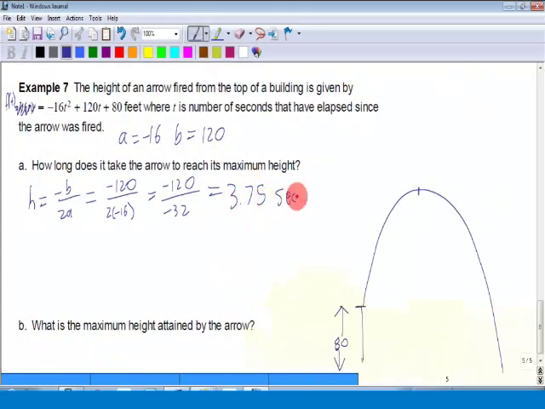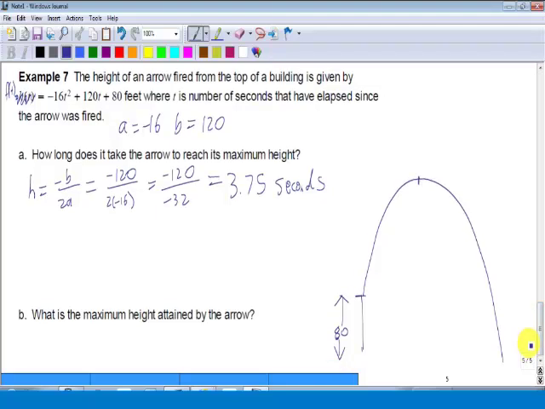And it's seconds. The numbers in the domain of this function are seconds. Click a stopwatch as soon as the arrow is fired, and it's the number of seconds that elapse from that point in time. So 3.75 seconds into its flight, it's reached its maximum height, and it's on its way down, or it's about to be on its way down.